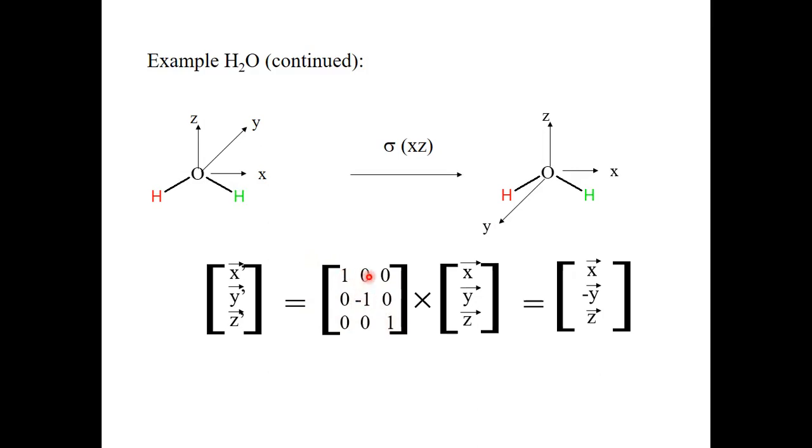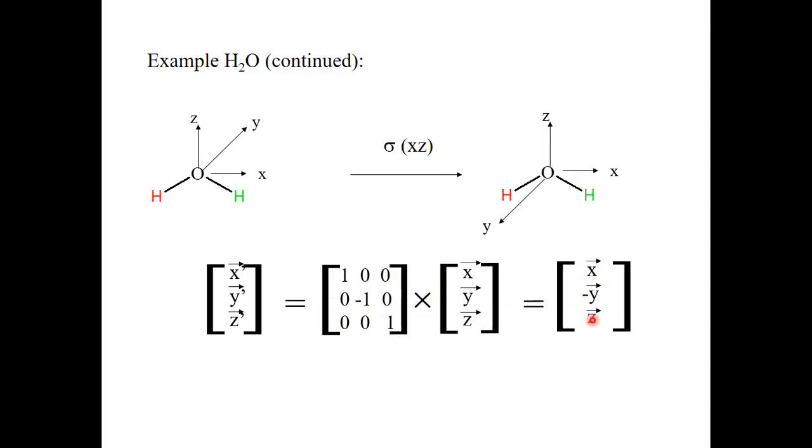If we multiply the first row with this column, we have 1 times x plus 0 times y plus 0 times z. Well, that gives just x, right? Then we have 0 times x plus minus 1 times y plus 0 times z. Well, that gives minus y. And last but not least, we have 0 times x plus 0 times y plus 1 times z, and that gives us correctly z.